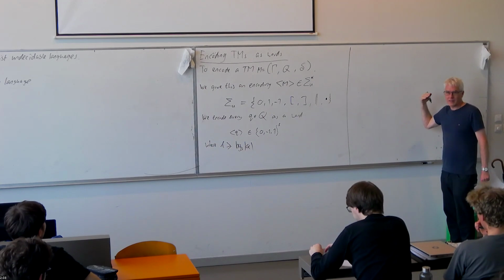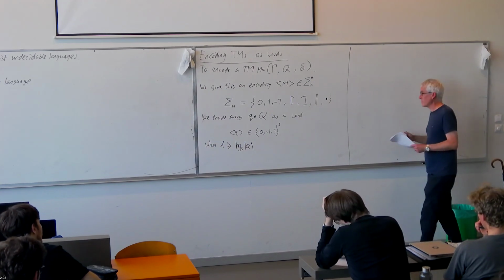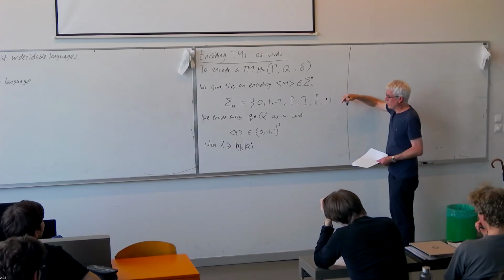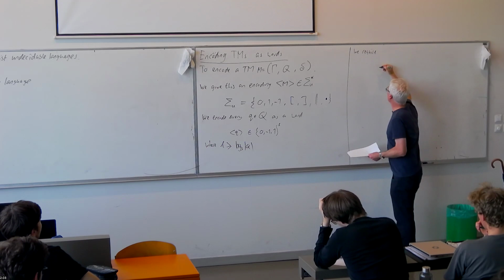So they have a start state, an accept state, and a reject state. We're actually going to require for our encoding that those are represented in a canonical way.